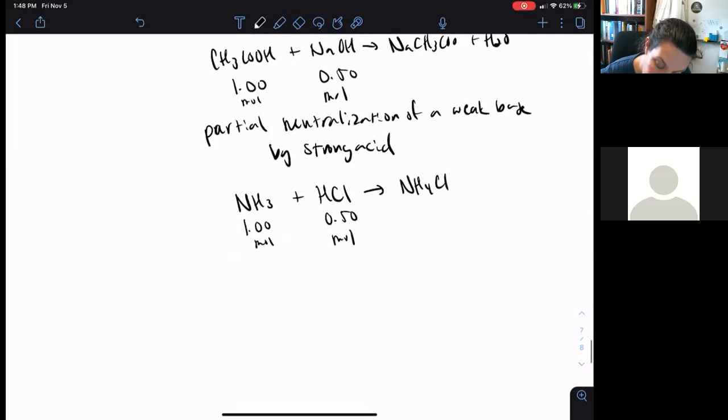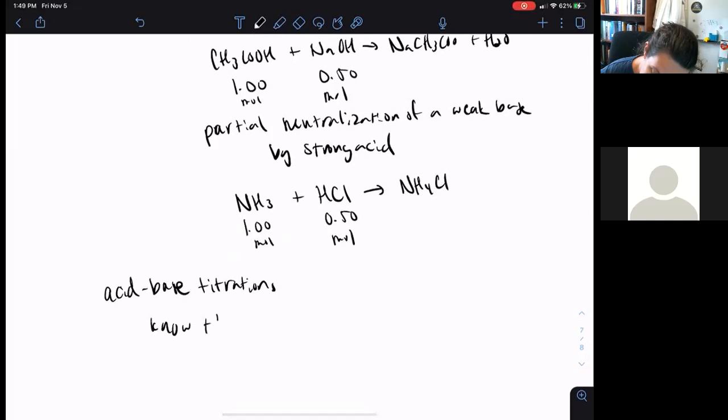You should be able to, for acid-base titrations, you should know the approximate pH at neutralization.